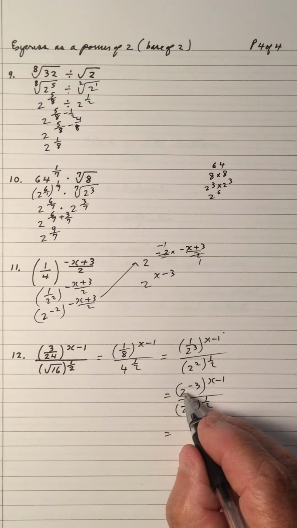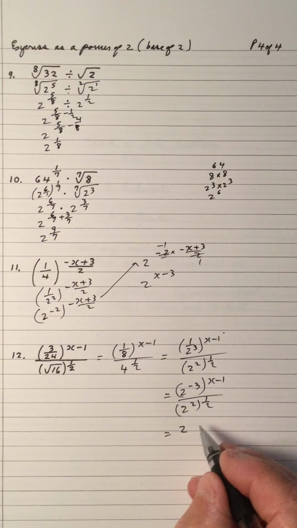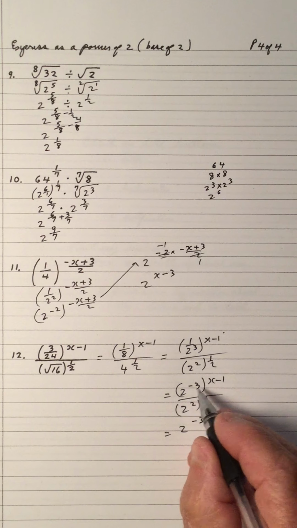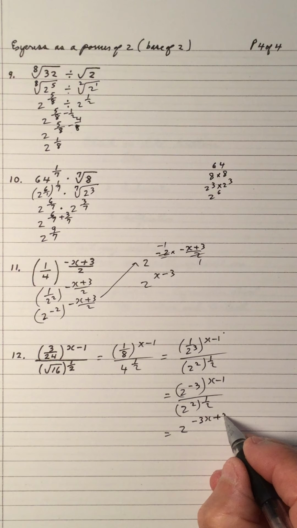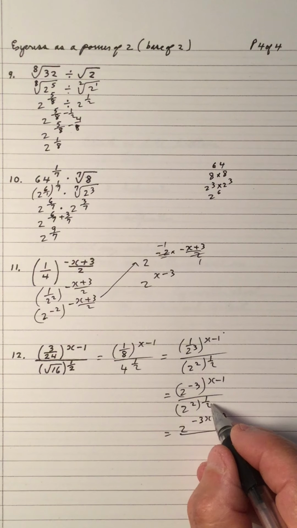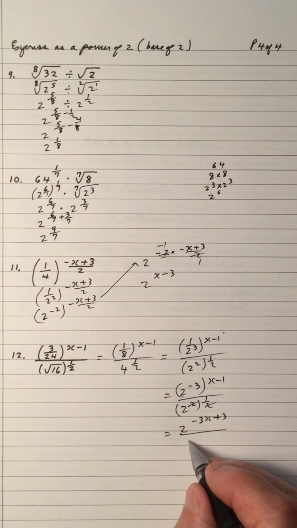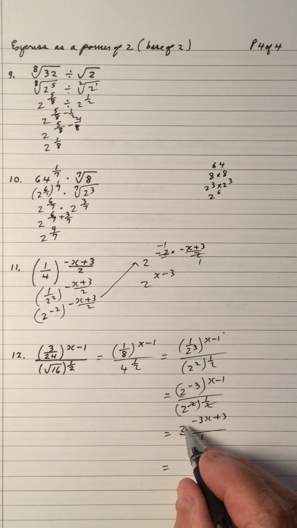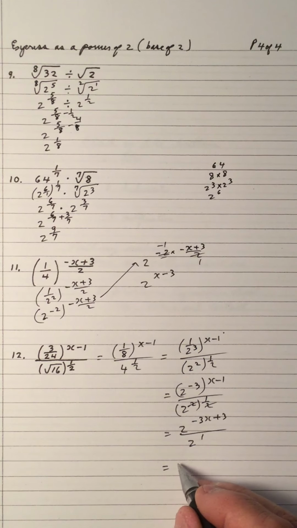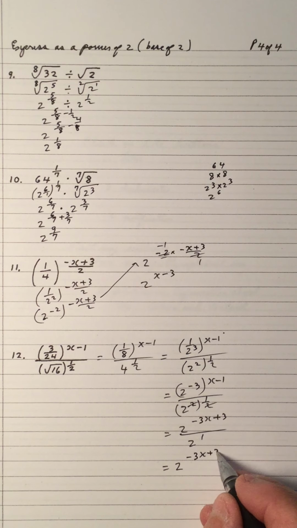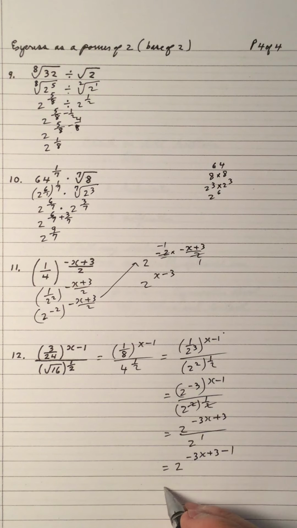And right here, we have a power of a power, so we multiply. So it's 2 to the negative 3 times x, negative 3x. Negative 3 times negative 1 is 3. And because we're power of a power, the 2's cancel, we get 2 to the 1. And we're dividing, so we subtract the exponents, so that's 2 to the negative 3x plus 3 minus 1.